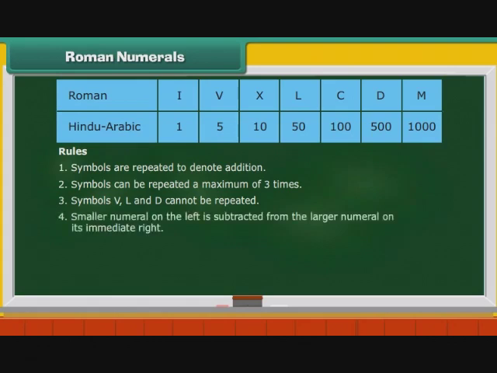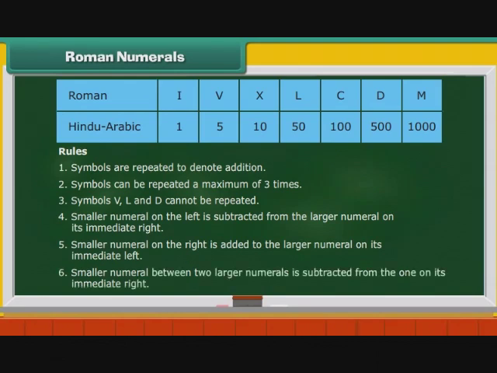Smaller numeral on the left is subtracted from the larger numeral on its immediate right. Number 5. Smaller numeral on the right is added to the larger numeral on its immediate left. Number 6. Smaller numeral between 2 larger numerals is subtracted from the one on its immediate right.